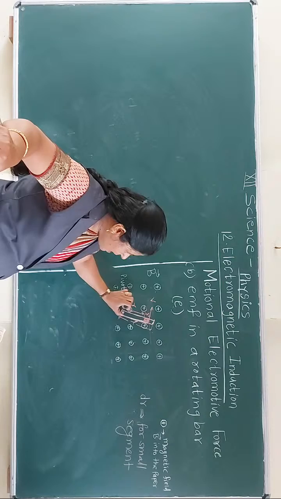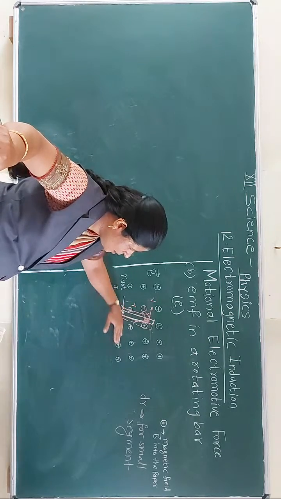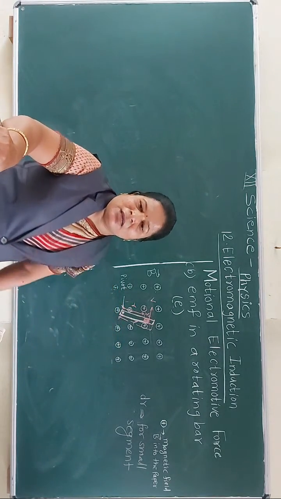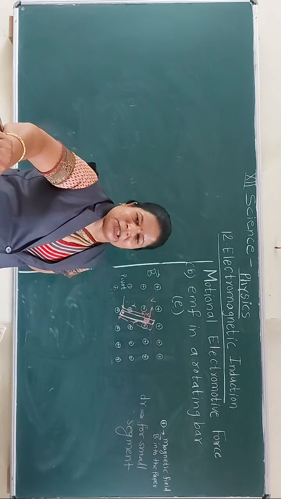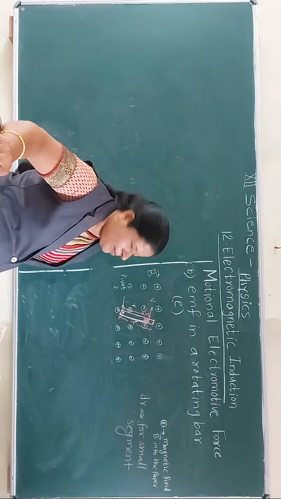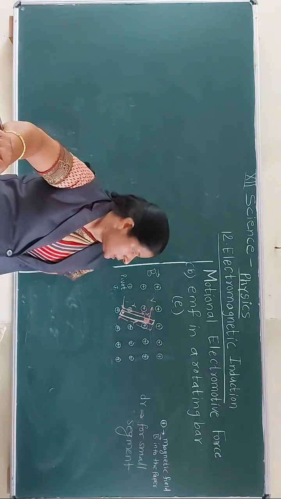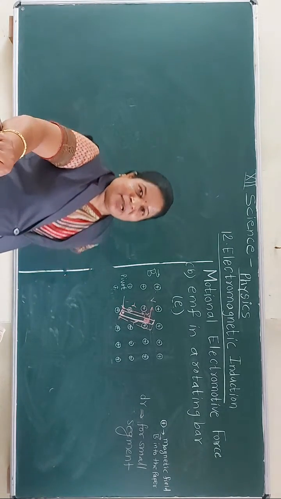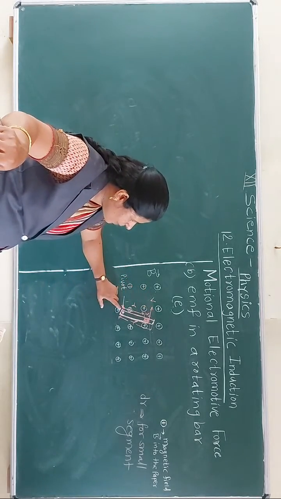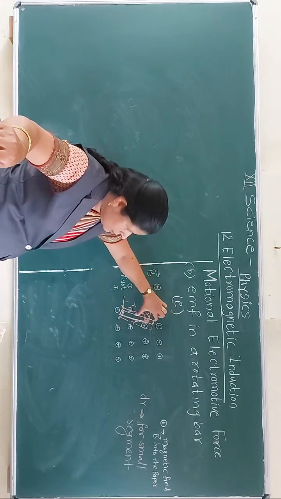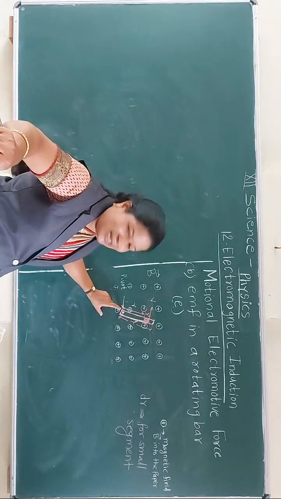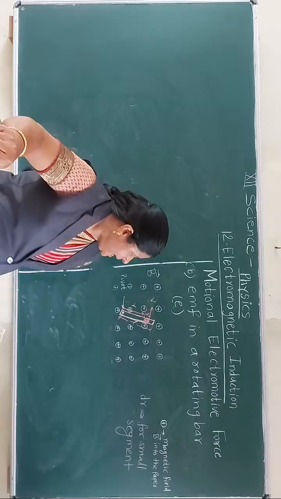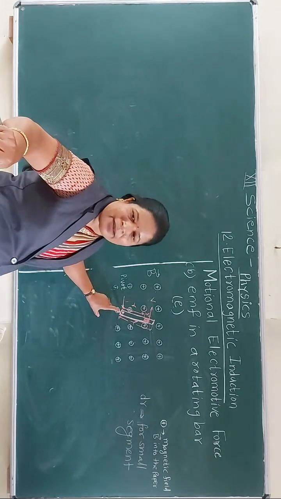This conducting bar is perpendicular to this magnetic field. A rotational EMF is induced between the ends of the bar.